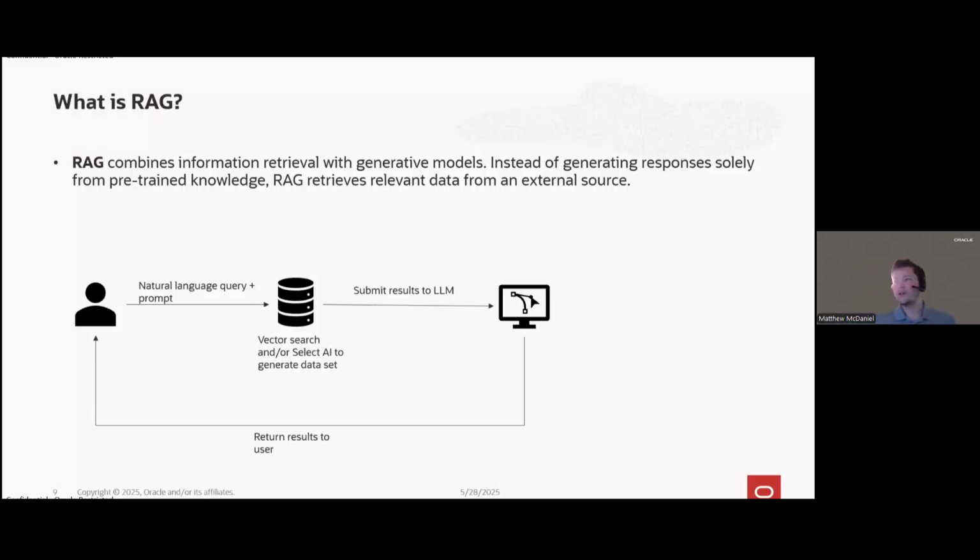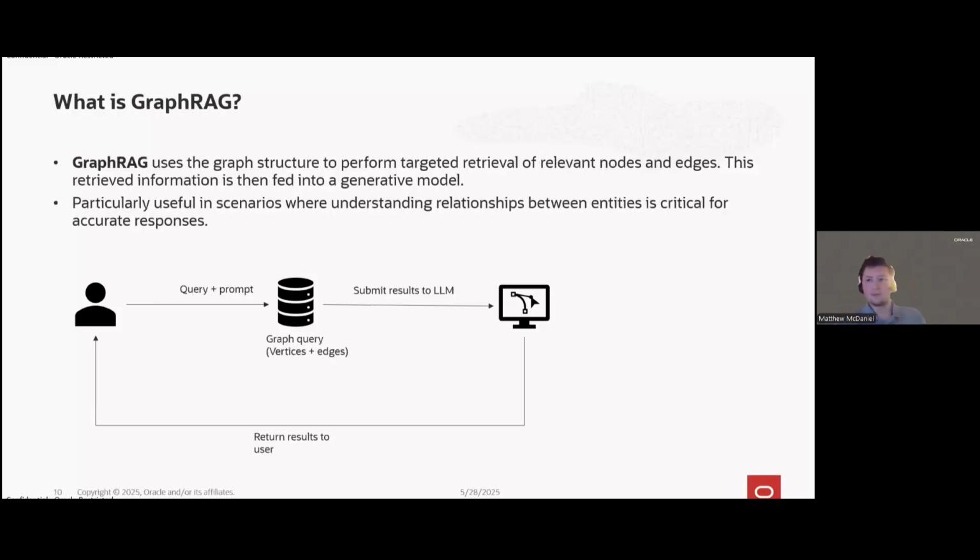So that's RAG. But what is GraphRAG? GraphRAG takes the benefits of using a graph, that is, being able to represent complex relationships in a data set, and use that to augment the response that an LLM will return to us. So the idea here is we want to retrieve these nodes and these edges, and then we feed it into the generative AI model.